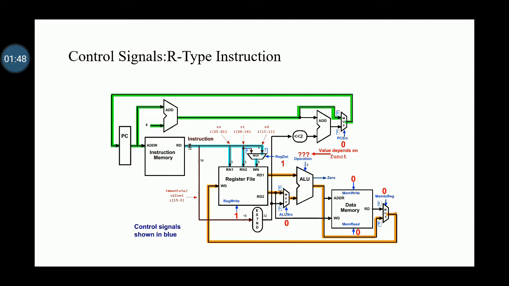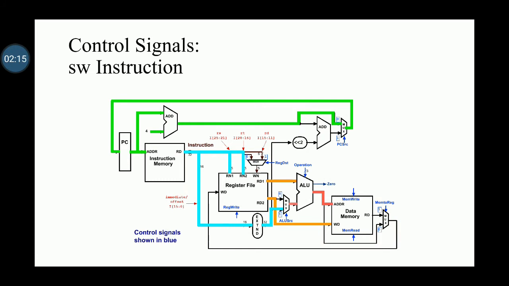PCSrc is a derived signal which doesn't play any role here. It is set to 0 because PCSrc will be set to 1 only in the case of branching instructions. Here it is of no use, hence it is set to 0 and the program counter is automatically incremented to its next sequential address.